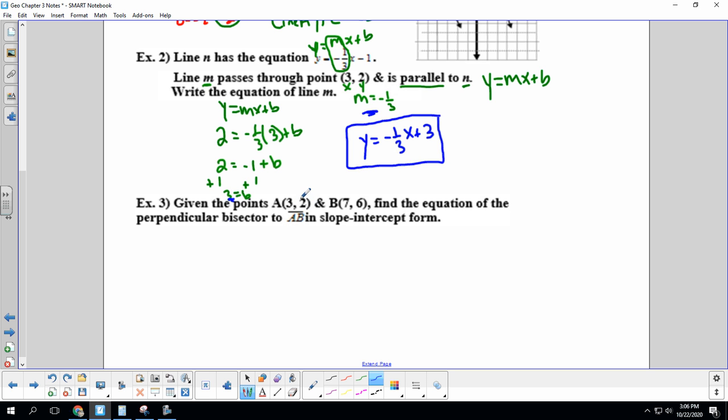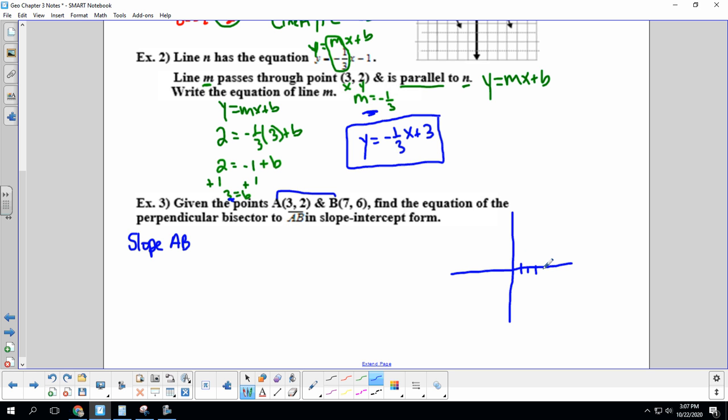So we know that we can find the slope between A and B. So let's go ahead and do that. So we're going to call it slope AB. And you know what? I feel like we would benefit from a little picture, because sometimes when you have multi-steps, it's easier to have a little picture.